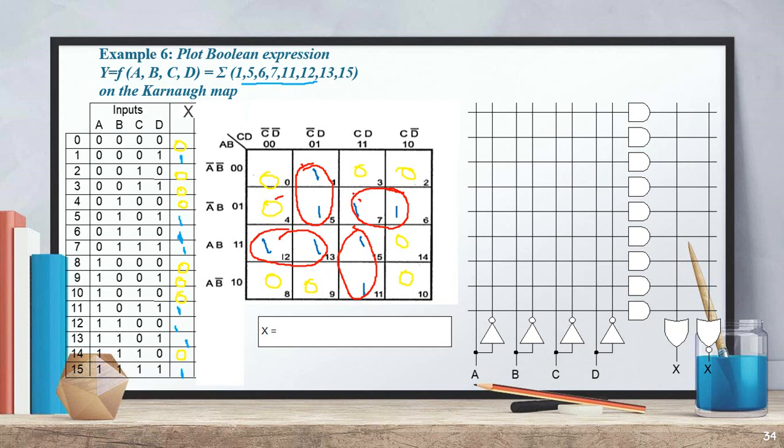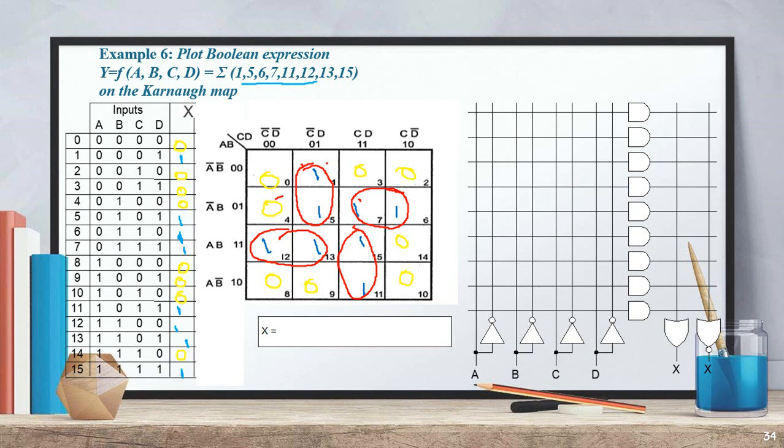The rule says that any one should not be included in any group more than needed, but here all the ones are included in some group, so I cannot do these 4 together. This is very, very important. First you try with the smallest groups, then go for the maximum. If anything is left, then only can we make those 4 members.